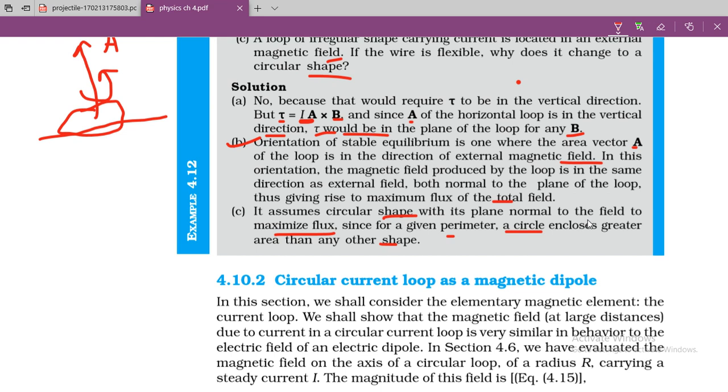The meaning of this is, for a given perimeter, suppose you have a triangle, a square and a circle of equal perimeter, then in this case the area of the circle is maximum. So for maximum flux the irregular shape coil takes the shape of a circle.